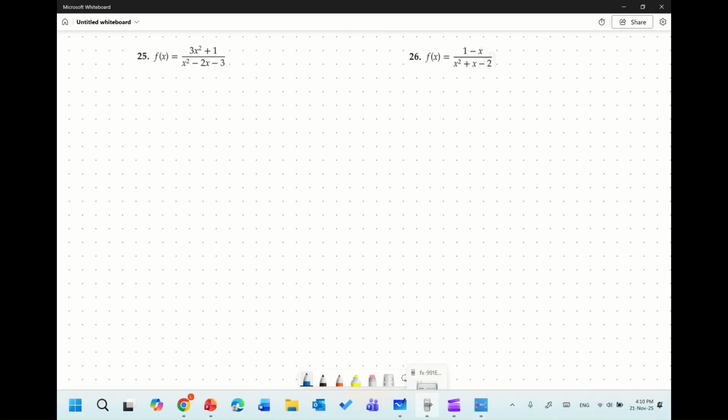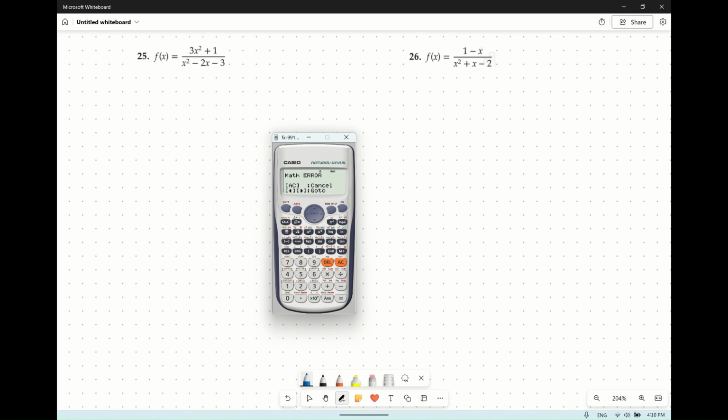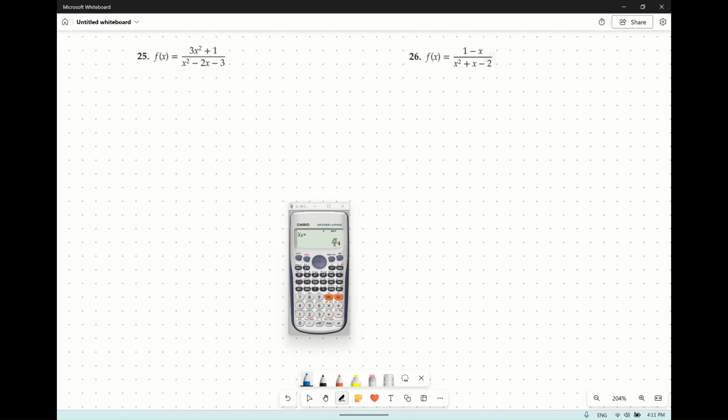So I will go to my calculator, mode 5, 3. I will factor the one that is up. A is 3, B is 0, C is 1. The calculator is giving me i. So what does this mean? It cannot be factored.